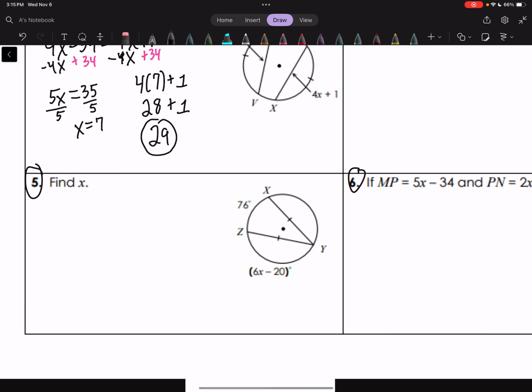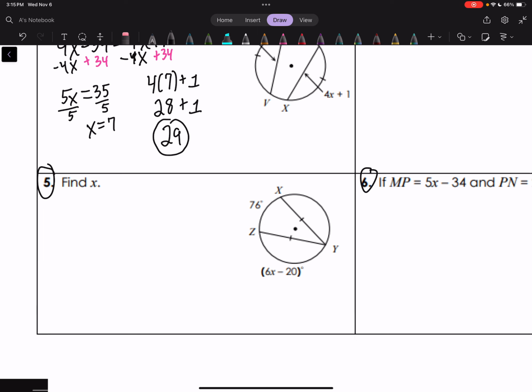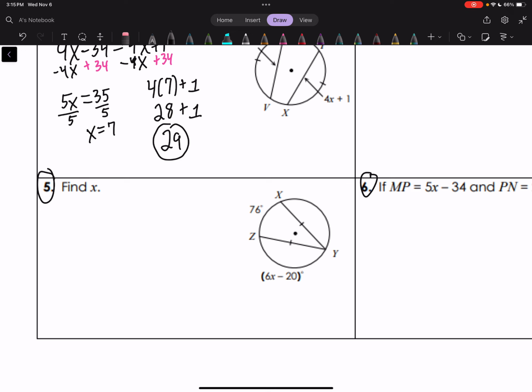Let's look at number 5. I'm asked to find x. So I have that the chords or the line segments are congruent, therefore the arcs are congruent.